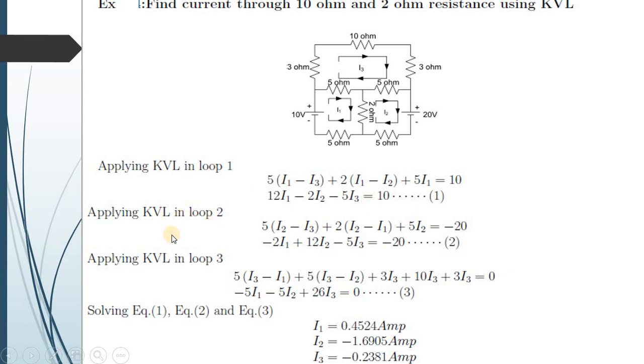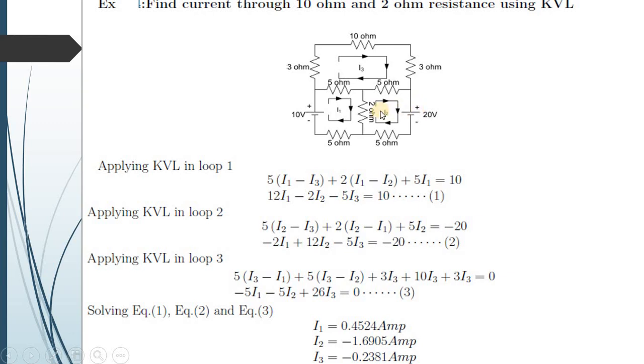Then applying KVL in loop 2. Again in that 5 ohm, current will flow I2 and I3. So 5(I2 minus I3) plus 2(I2 minus I1) plus 5I2 is equal to minus 20.